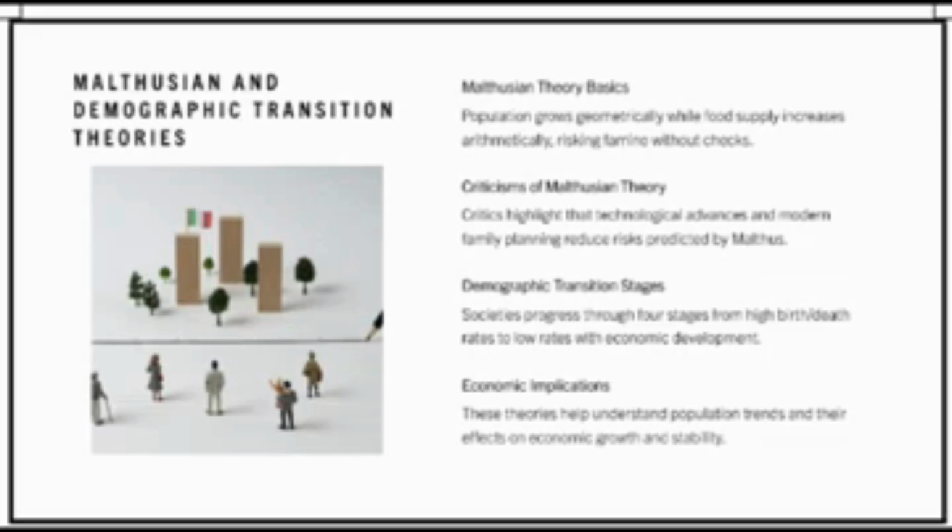In essence, the critics of Malthus' theory are saying that the possibility of population outgrowing food might be defeated when there is technology for the production of food, for instance irrigation farming or even mechanized farming, which can produce food geometrically to match up population growth, or even family planning, which can serve as a check on the growth rate of population.